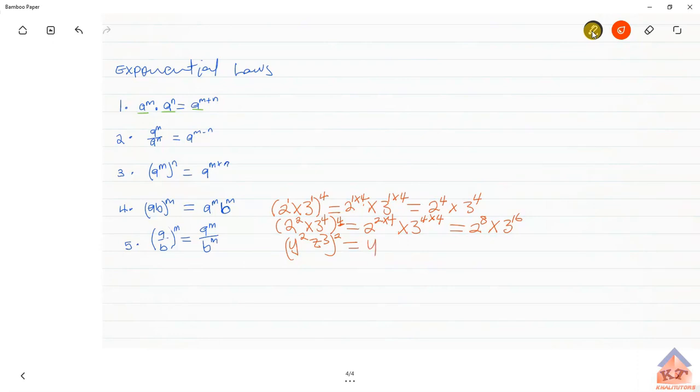You will have y to the power 2 multiplied by 2, z to the power 3 multiplied by 2, and then this will give us y to the power 4 multiplied by z to the power 6. So that is basically it when it comes to exponential law number 4.